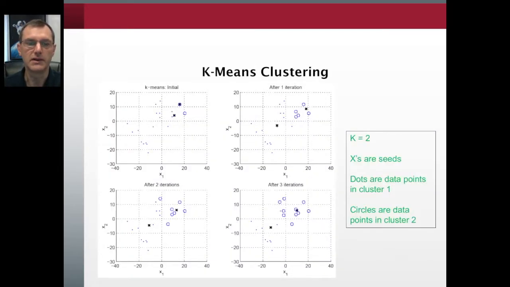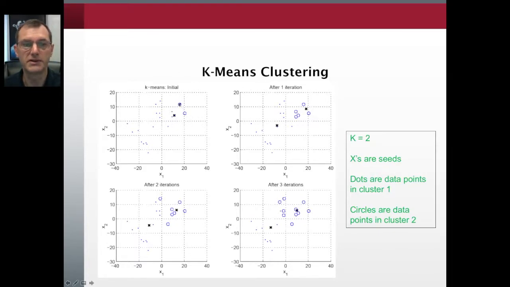So to give you a little better idea of how this works, here's a simple example where our points are represented by the blue dots and the blue circles. And to begin with, we're going to do k-means clustering for k equal to 2. So we have 2 seeds, those are our x's. And so the first step is we put each of the points into the partition of its closest seed.